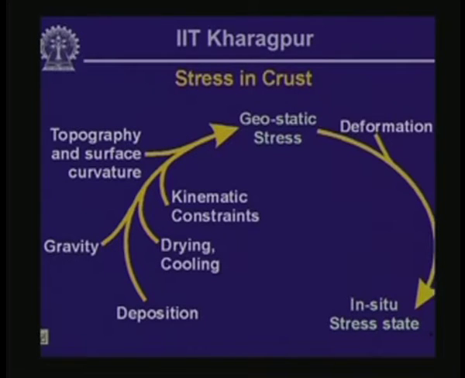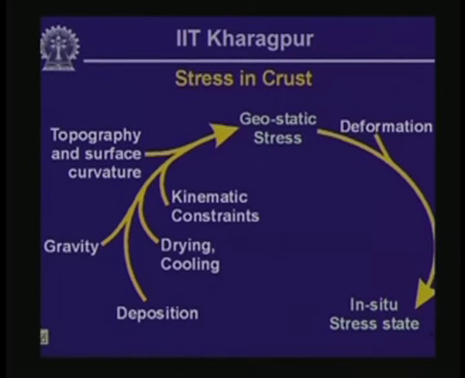The depositional environment controls the state of stress. Gravity plays a major role. Then topography and surface curvature is another important aspect that controls the development of the state of stress within the Earth's surface.